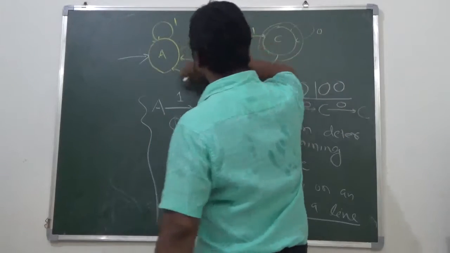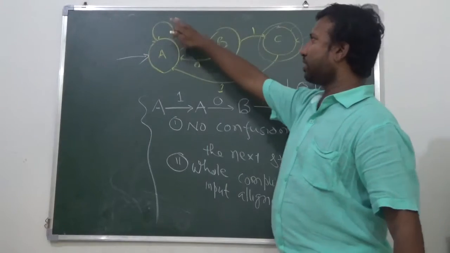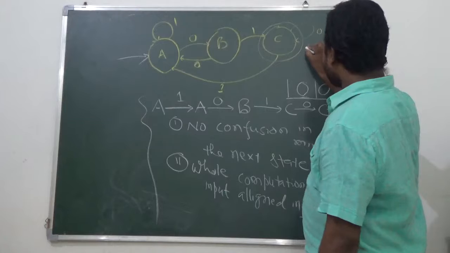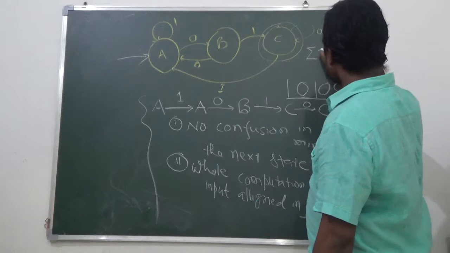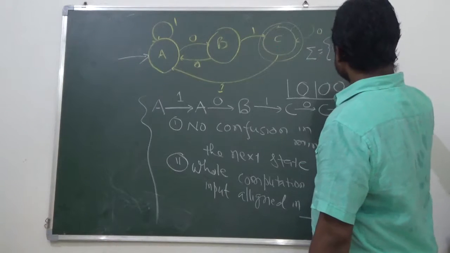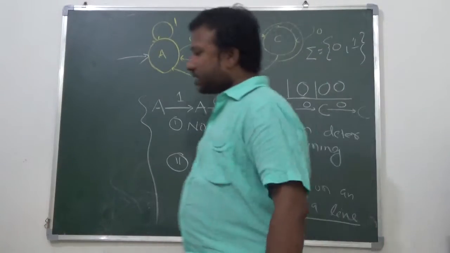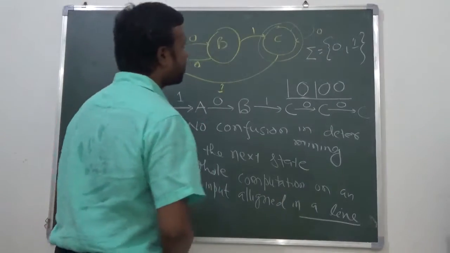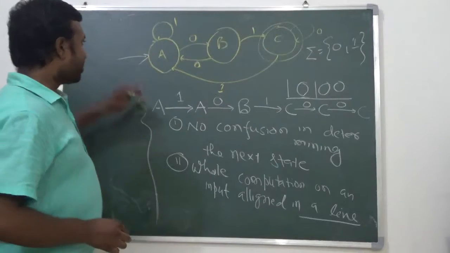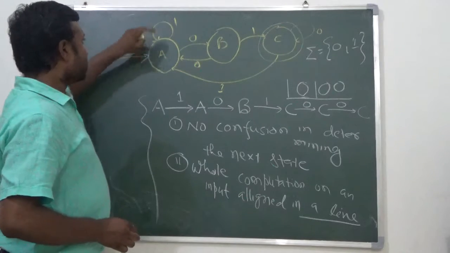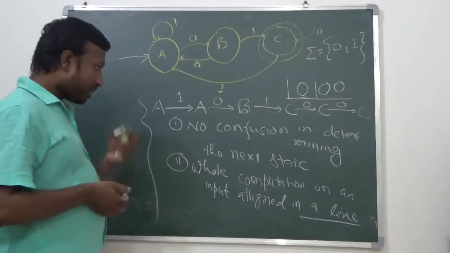The machine is only processing two symbols, 0 and 1, so we can say the alphabet for this machine is 0 and 1.